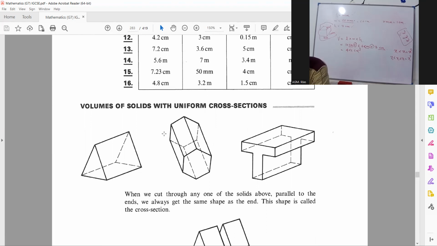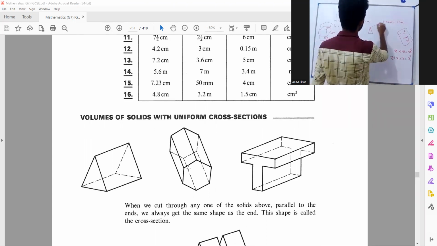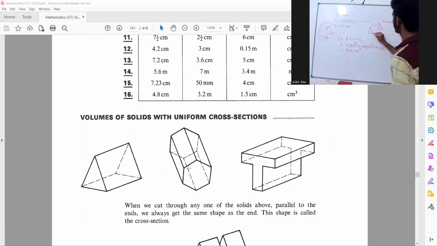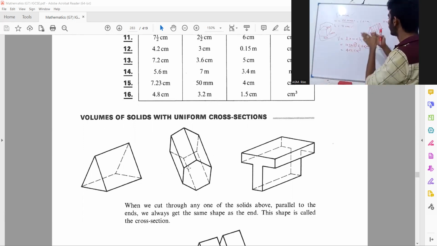Volumes of solids with uniform cross section. We are going to find the volumes of these kinds of solids which have uniform cross section. For example, if you take this figure, these two triangles are similar. That means if you slice this prism, you will end up with identical pieces of triangles.